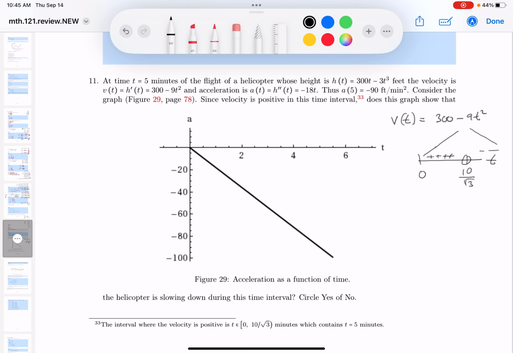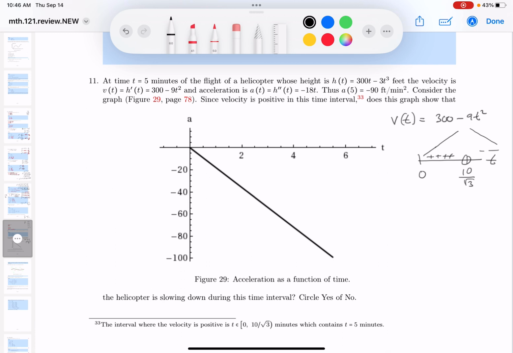So at t equals 0, the height is 0. It's just lifting off the ground. It's going up, and it's going up. And when it hits the time 10 over root 3 minutes, it stops, and then it starts to come back down again.